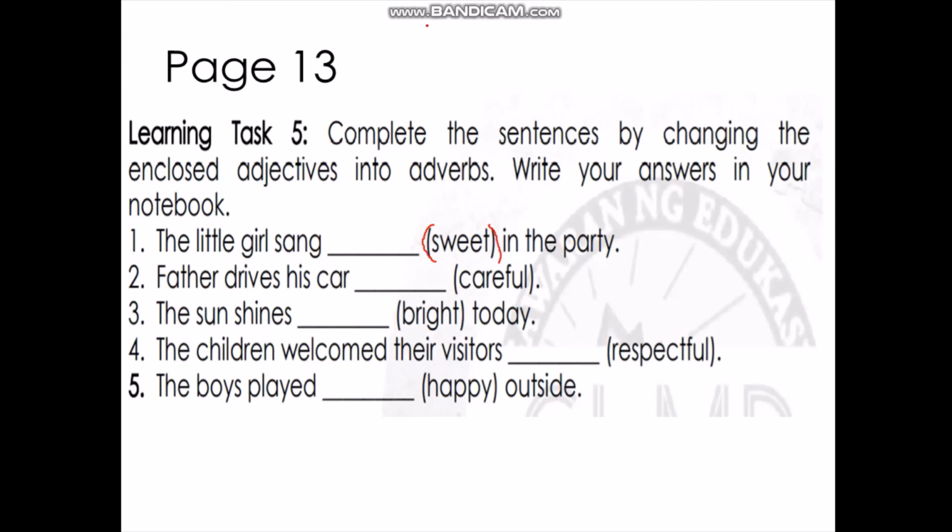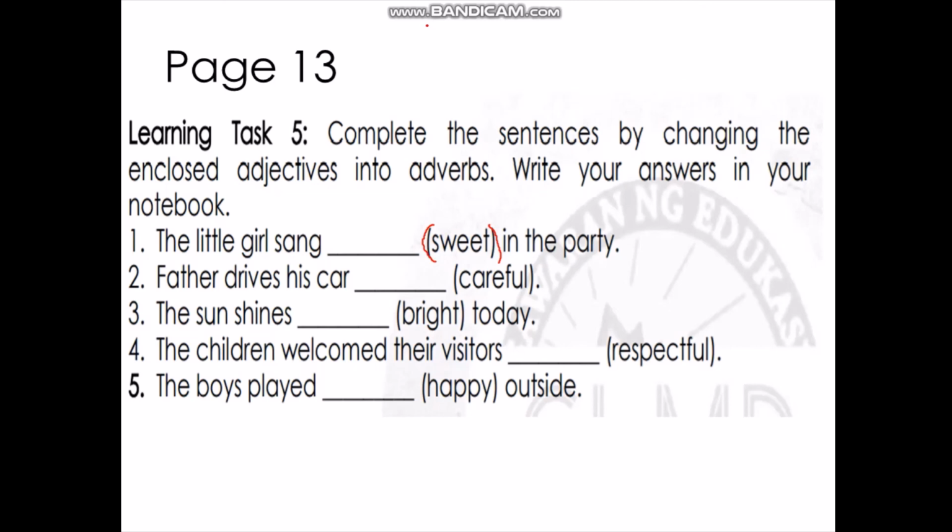Okay, answers only. Number 1, the little girl sang blank in the party. So you need to change the word sweet into an adverb. Number 2, father drives his car careful. So you need to change the word careful into an adverb. Number 3, the sun shines blank today.